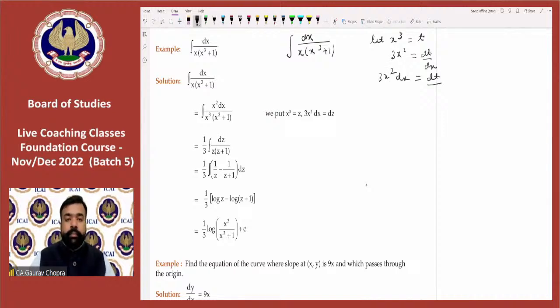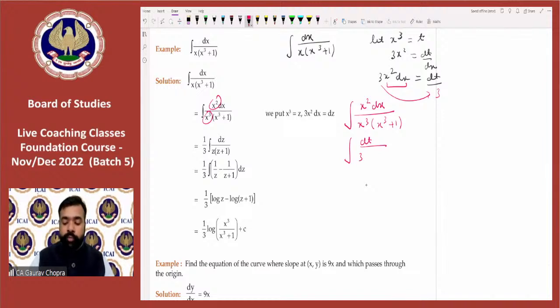Multiplying and dividing by x square, it will become x square dx upon x cube multiplied by x cube plus 1. Now in place of x square dx, what can we write? dt upon 3.